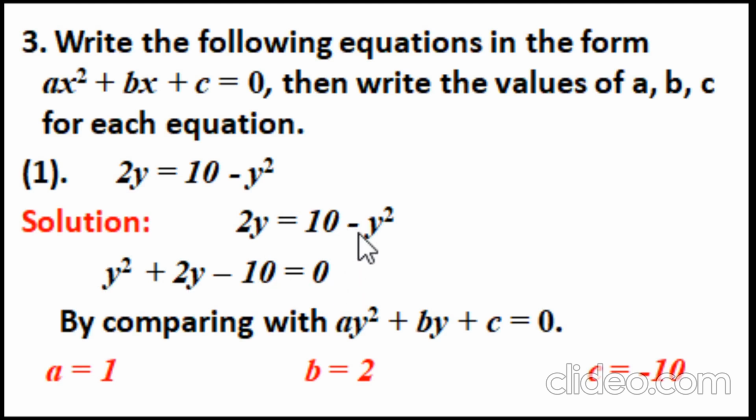We have rearranged this: this negative, when transferred to this side, is positive. So we get y square plus 2y minus 10 is equal to 0. By comparing with ay square plus by plus c is equal to 0, we get a 1, b 2 and c minus 10.